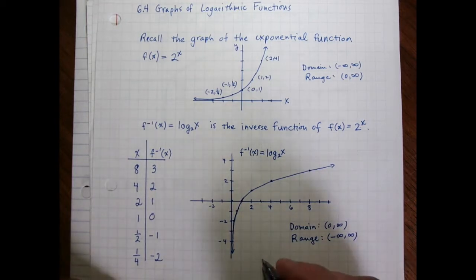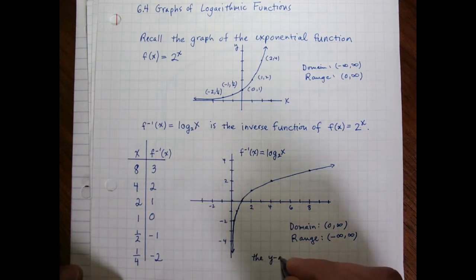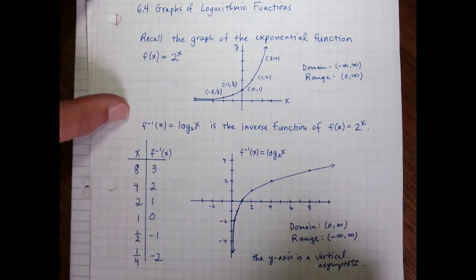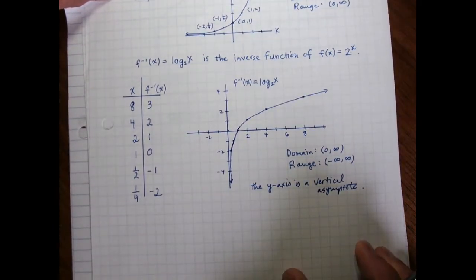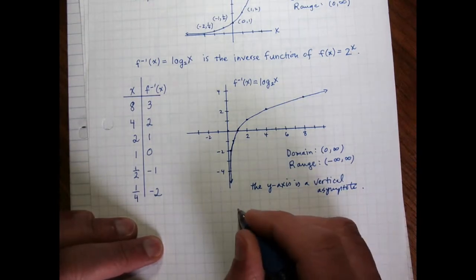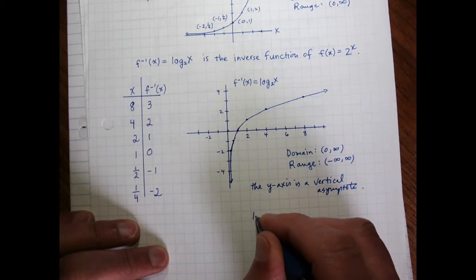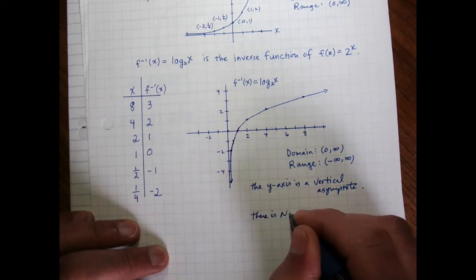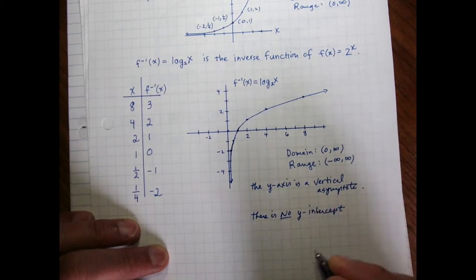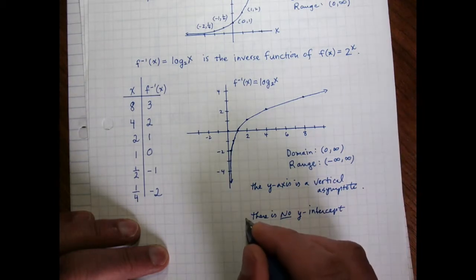So just notice, I think we want to write down here that the y-axis is a vertical asymptote on the graph of a log function, and also notice that there is no y-intercept because x equals 0 is not in the domain.